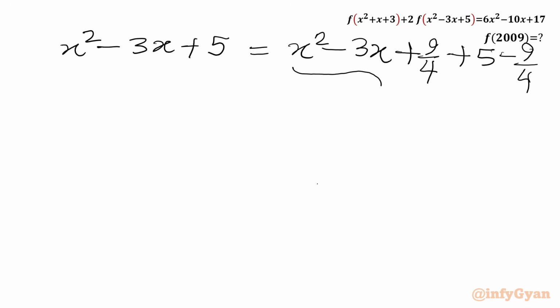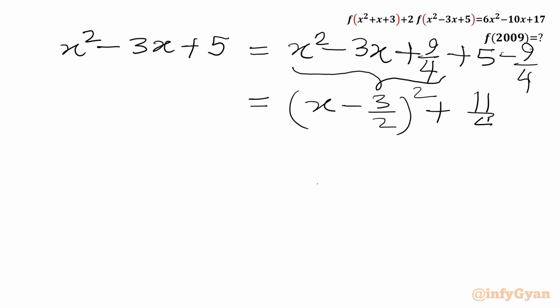From these three terms, I can easily write one perfect square of x minus 3 over 2, and 20 minus 9 gives 11 over 4. This quantity is always greater than or equal to 0, so the minimum value of this square is 0. We can say the expression must be greater than or equal to 11 over 4.